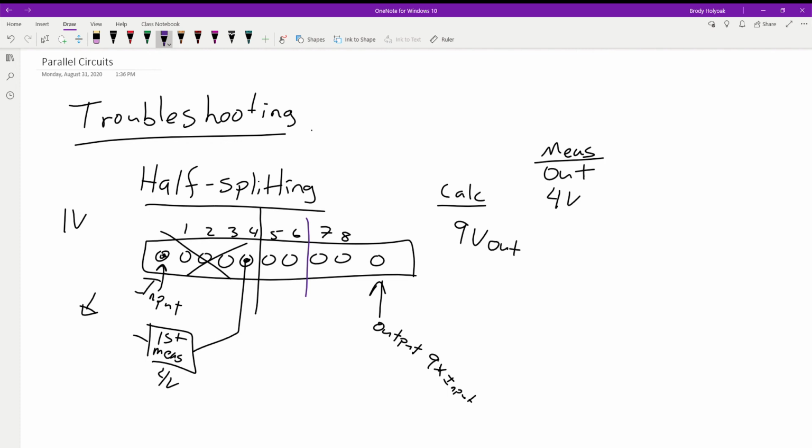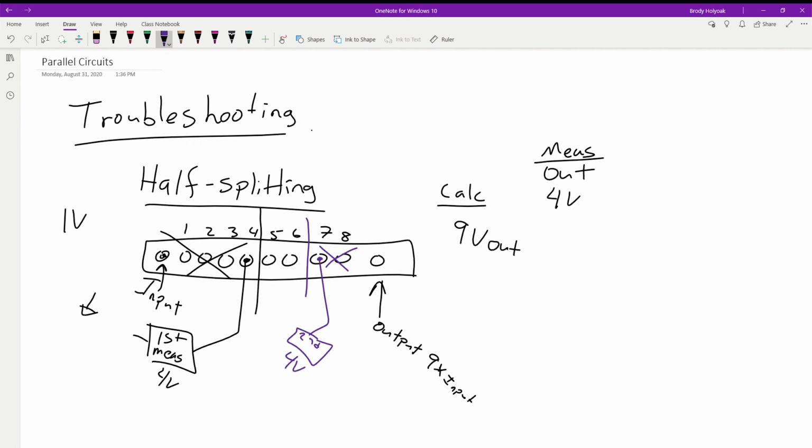So here, if we were to look at 7, we're measuring this, we're getting 4 volts. So we know that we still have the same 4 volts here, so this side is not our problem. I mean, it could be, but the problem we're looking at now was caused before this stage.